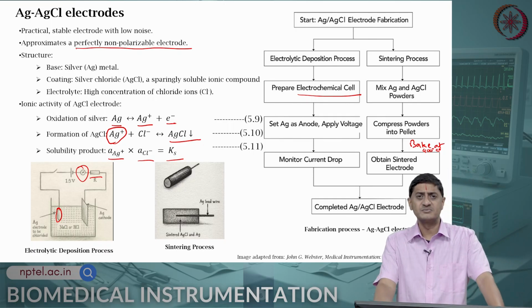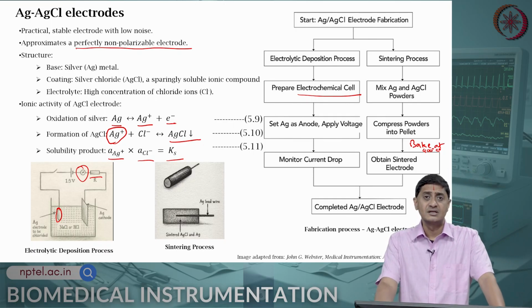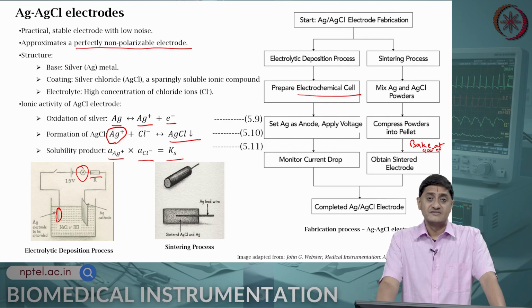The fundamental difference between these two electrodes: the electrolytic silver chloride electrode is a little less rugged.